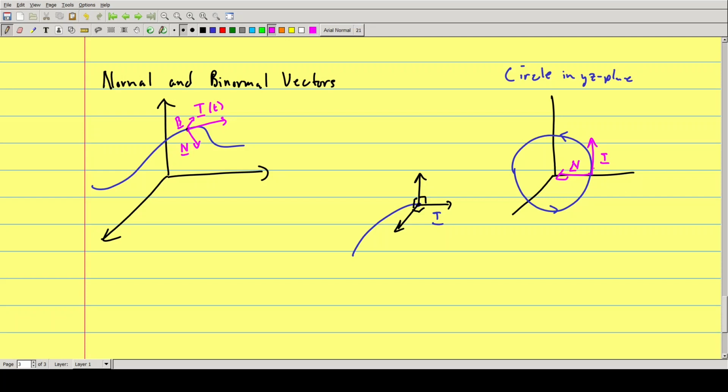And then the binormal vector would point either towards us or away from us, depending on how things are oriented. I guess, sorry, it would be towards us.